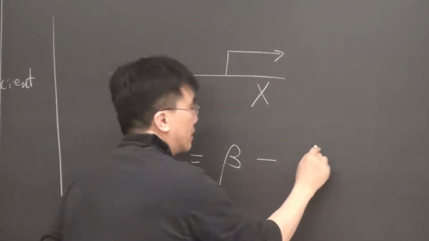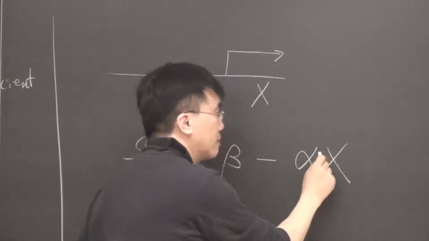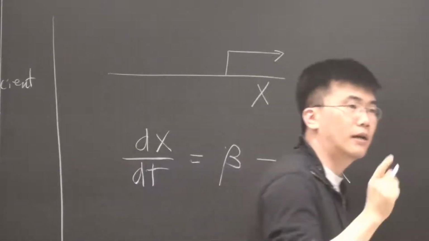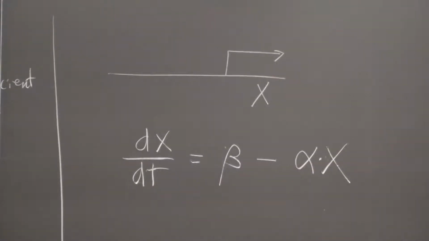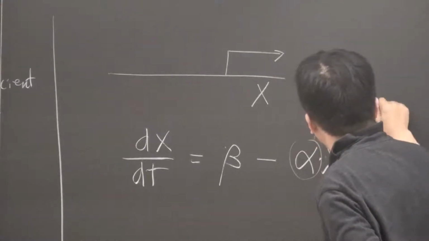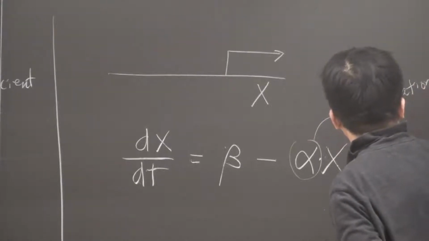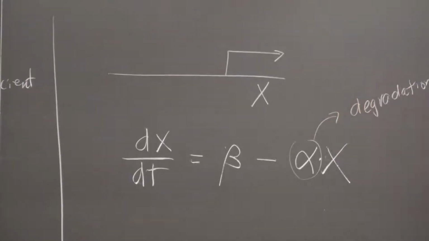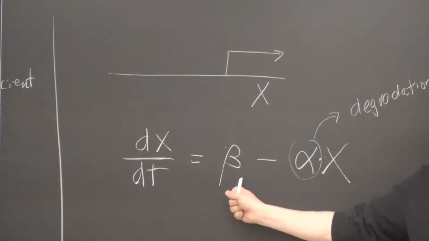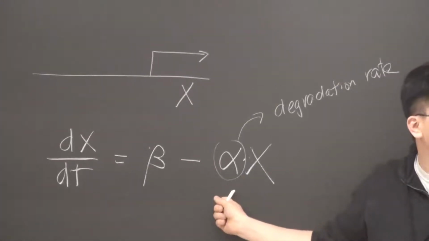And then there will be degradation given by alpha times X. So alpha is the degradation rate. So you're making the protein at a certain rate, but you're also degrading the protein at a certain rate that is proportional to its concentration.